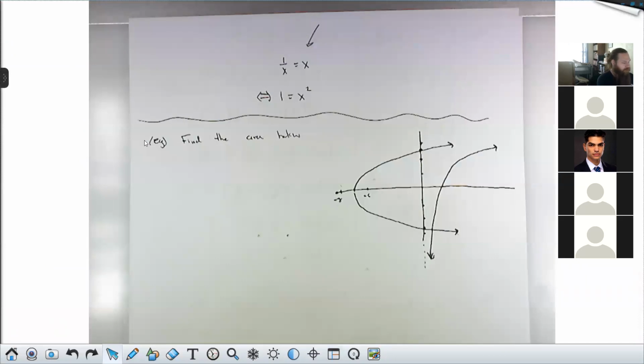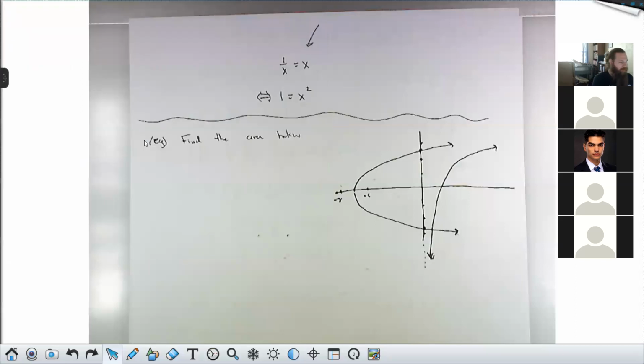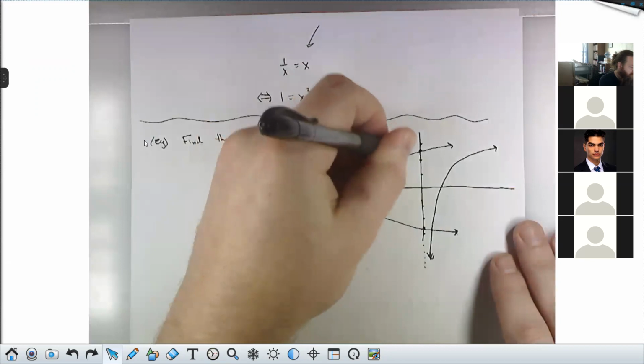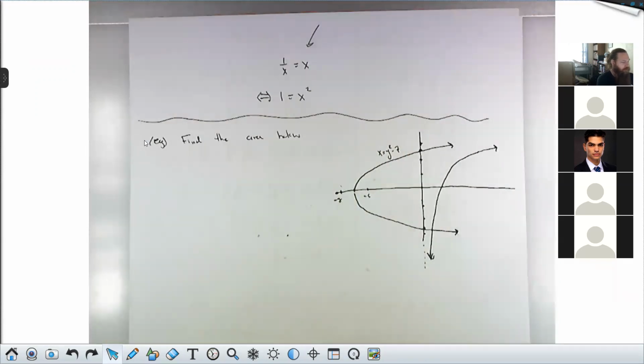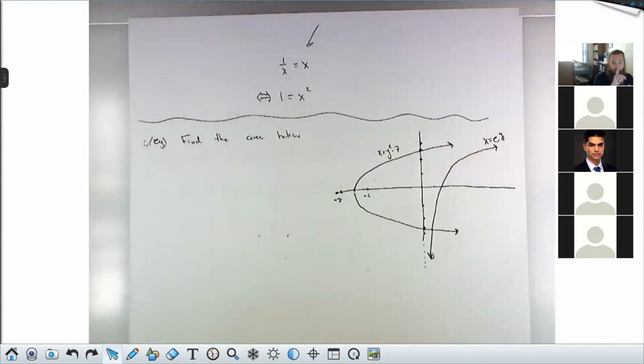They told us this sideways parabola on the left is x equals y squared minus 7. And the curve on the right, they've described as x equals e to the y, which is the same as y equals ln x. Sometimes that is a useful fact. If I gave this to you as y equals ln x, you would want to rewrite it as x equals e to the y for the purposes of this problem.